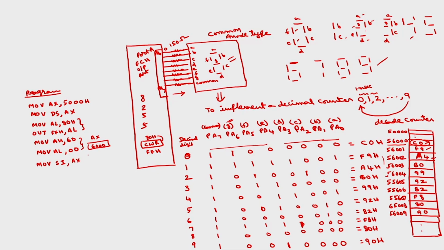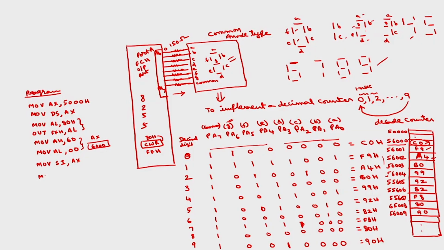Okay. So, we are taking this SI as 6000H where the 0 code is available. Okay. Then move AL comma contents of SI. So, after this instruction AL will contain C0H, which is the code corresponding to 0.